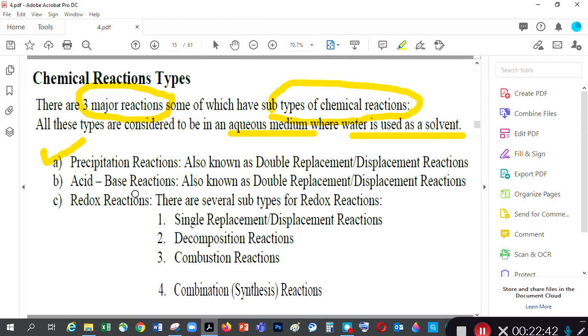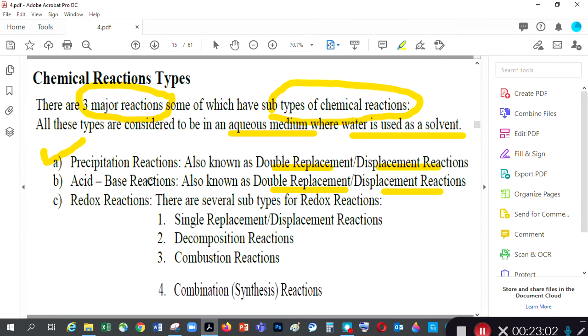Precipitation makes a solid, a precipitate. Precipitate means a solid that is not soluble in H2O, the solvent.